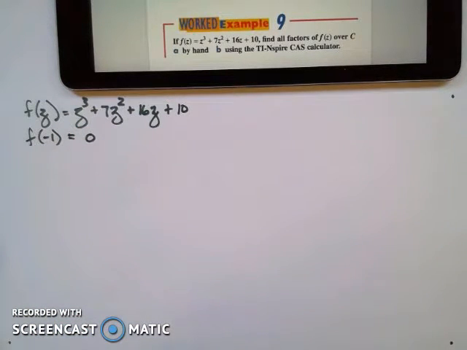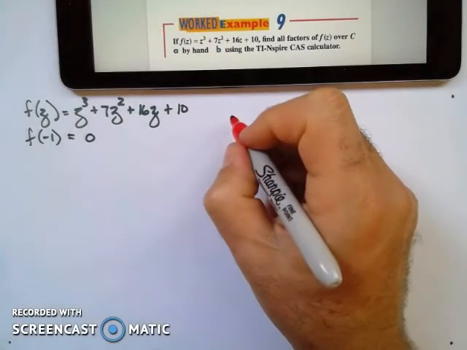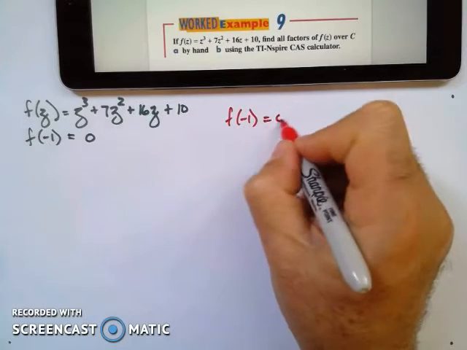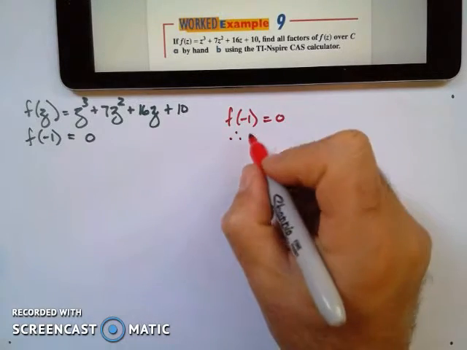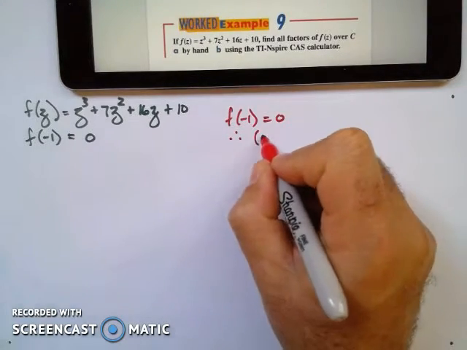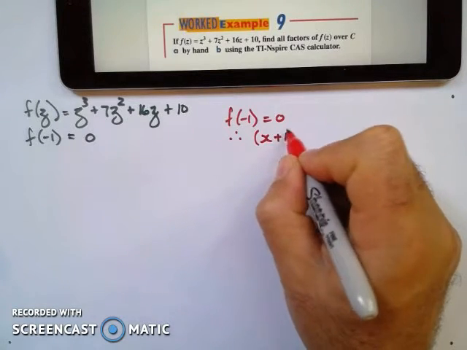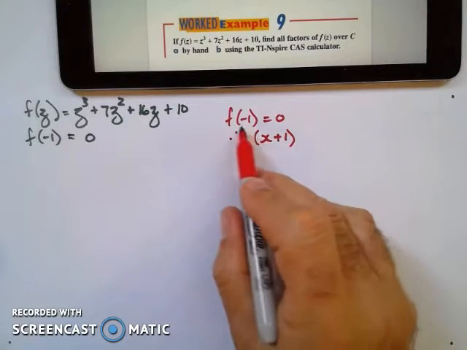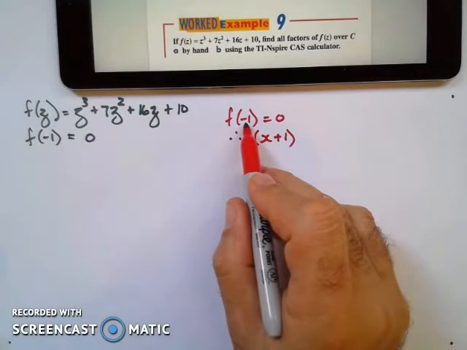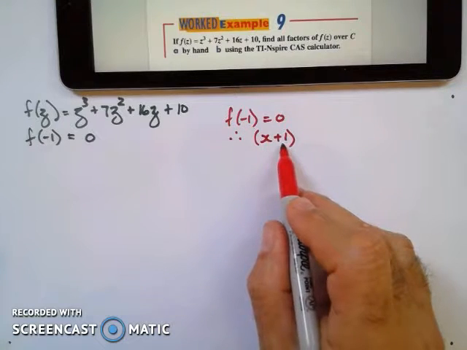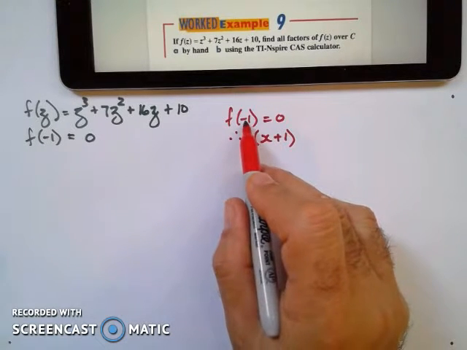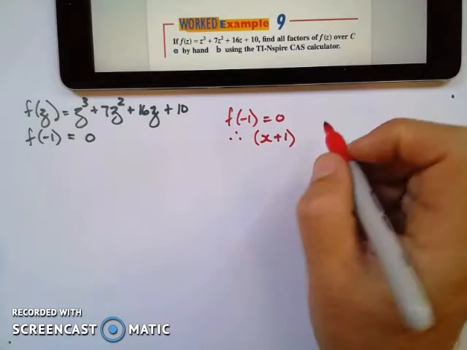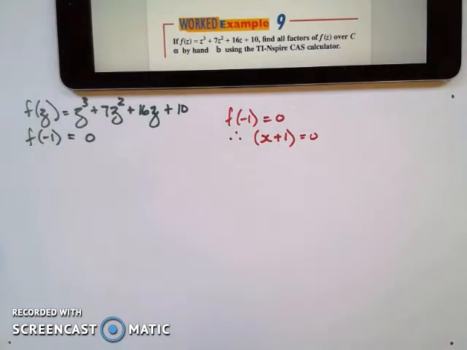My factor theorem says that if f(-1) is 0, then x plus 1 is a factor, because that is where x plus 1 equals 0. So x plus 1 is the opposite of that. If that was -2, this would have been plus 2. If this would have been plus 5, this would have been x minus 5.